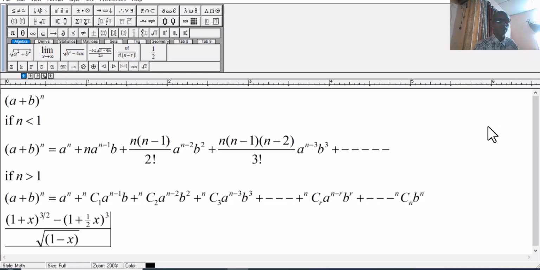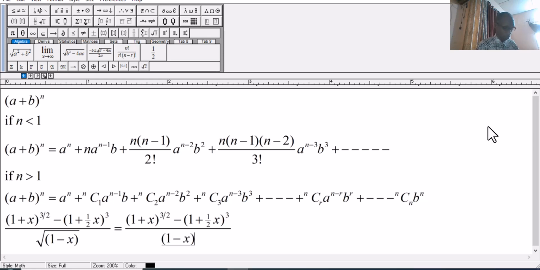Now we are given this to solve. So I can write this as this: 1 minus x to the power of a half.